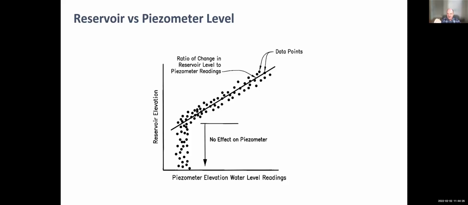And that's probably because of where that piezometer is placed relative to the reservoir and the dam. So you can create these typical behavior plots for each of your instruments and over a wide range of reservoir elevations. So Aaron now will continue on looking at examples of deviations from established normal behavior.